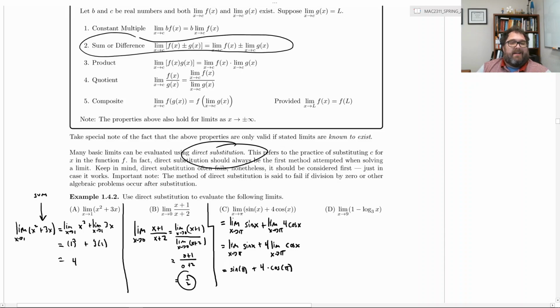So I can plug in any number I want, and it's not going to cause any problems. And pi is completely okay. What's sine of pi? Make sure you know your unit circle. You have to know your unit circle throughout this class. Sine of pi is 0. Plus 4, what's cosine of pi? That's -1. So we get -4.